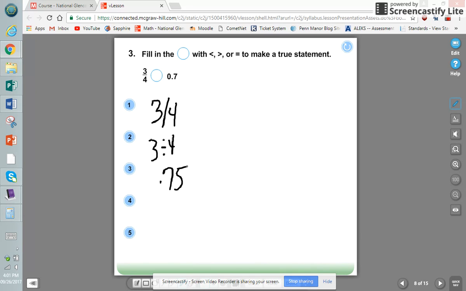I don't have to do any work really with the 7/10. If I wanted to, for comparison's sake, even out the hundredths column, I look at 75 and compare it to 70, and that really does help me a little bit. I know that this is bigger. Yes, that makes sense. So I would say up here that 3/4, which is 75 hundredths, is greater than 7/10. Remembering Pac-Man one more time.